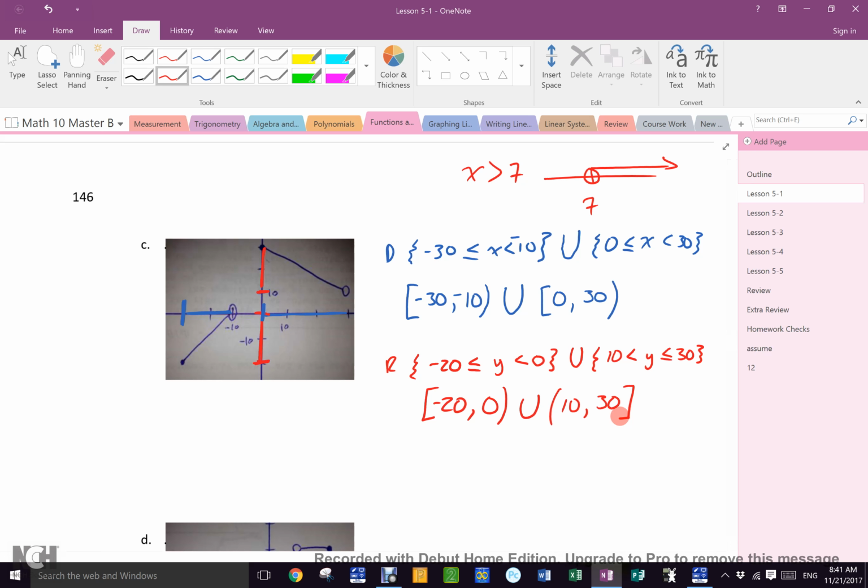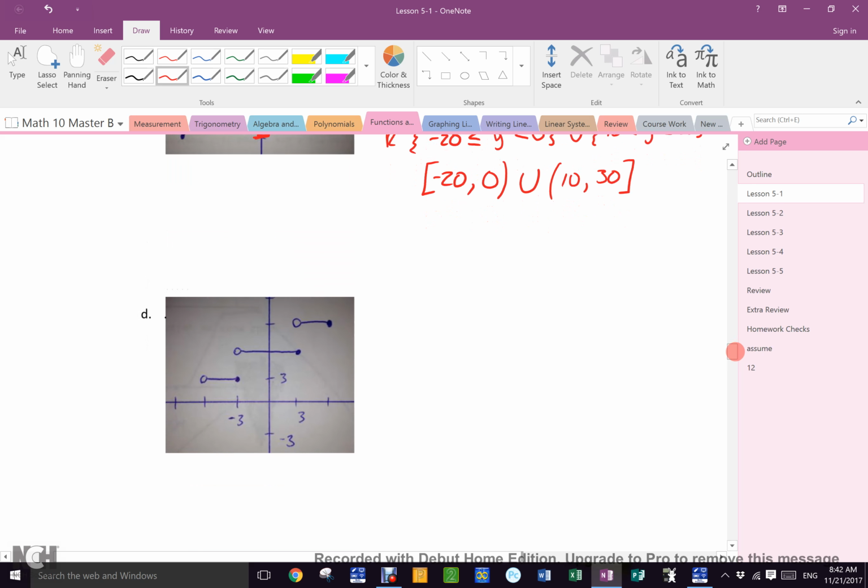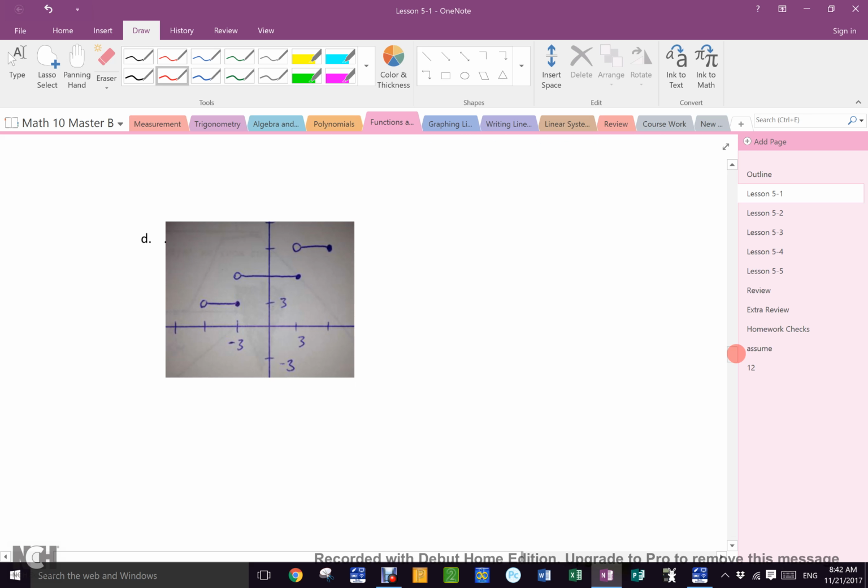Everyone's good? Okay. Now, what's different in D? Because D puts everything we've done on one question. If you can figure out D, you know everything we're doing. I don't expect everybody to be able to figure it out. First of all, is it a function? Let's check. Take my black or my vertical line.